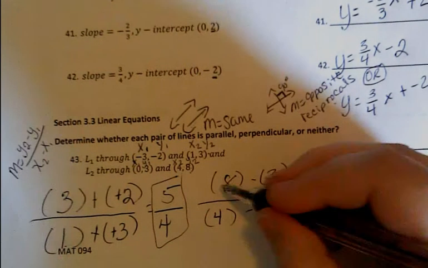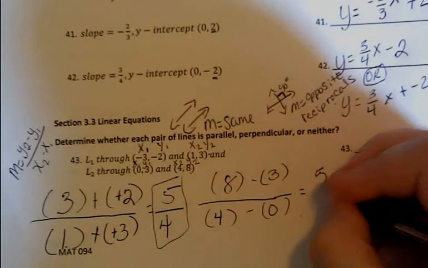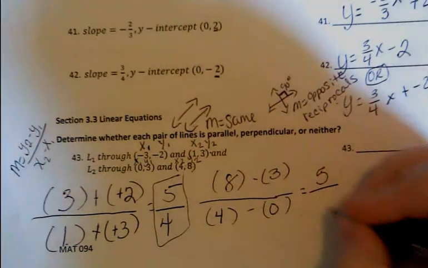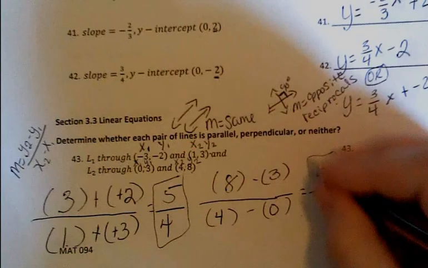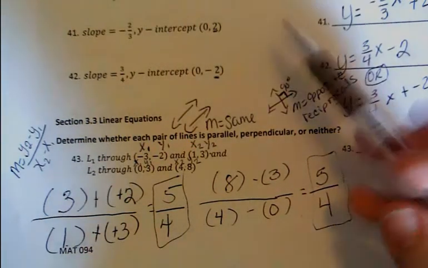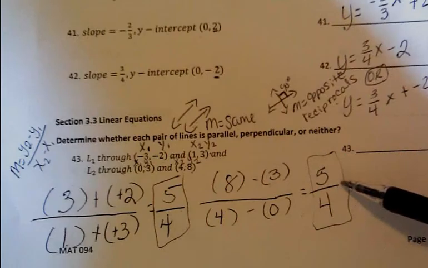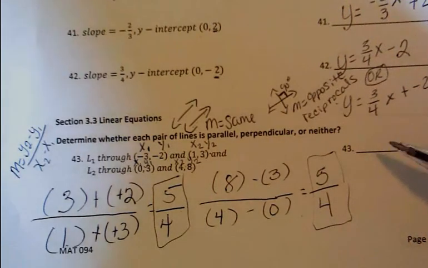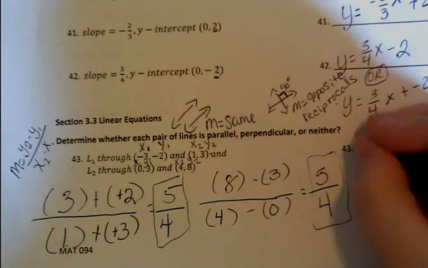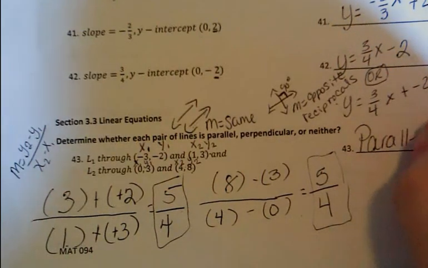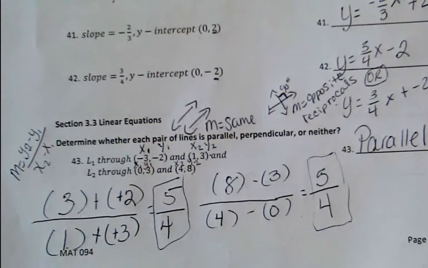So 8 minus 3 is 5. 4 minus 0 is 4. So we have a 5 over 4 for our first line, 5 over 4 for our second. So that means that our lines are parallel since they have the same slopes.